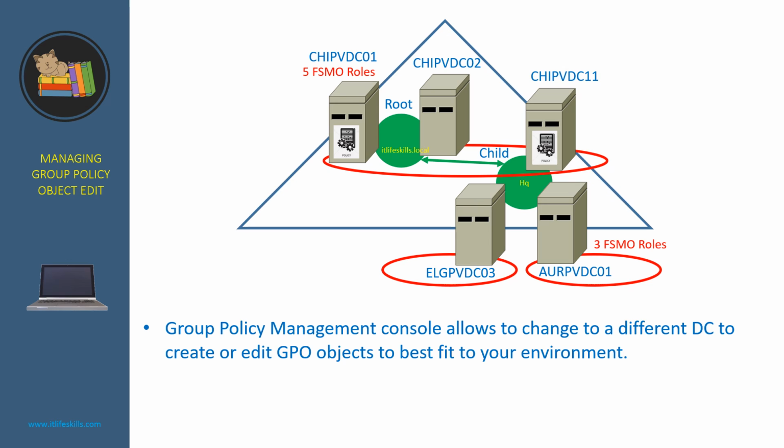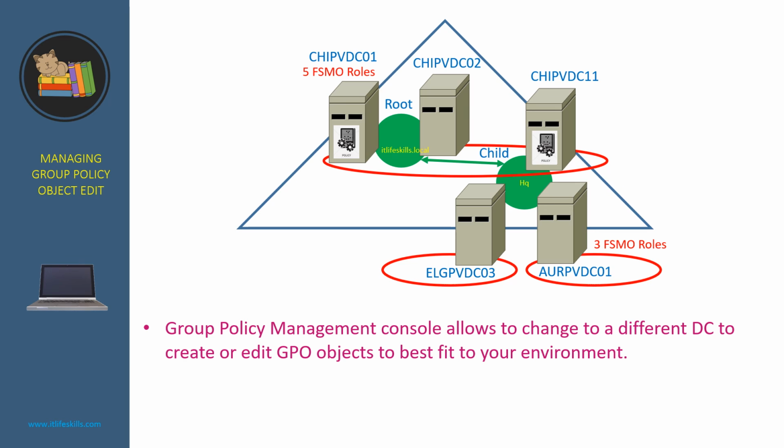However, this feature may cause a delay on how soon a new group policy will take effect on a certain domain controller because the replication of the group policy container is controlled by the site configuration and schedule. The good news is Group Policy Management Console allows us to change to a different domain controller to create or edit group policy objects to best fit your environment.